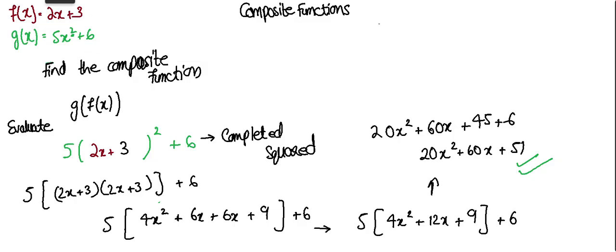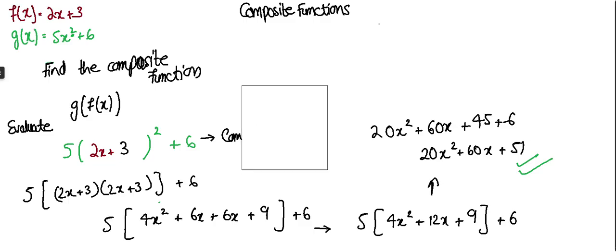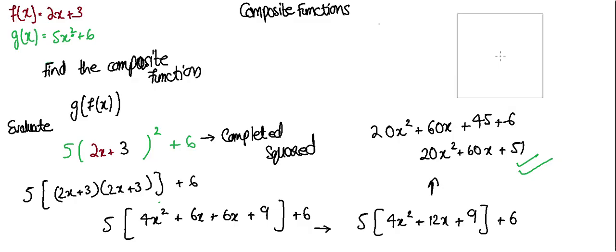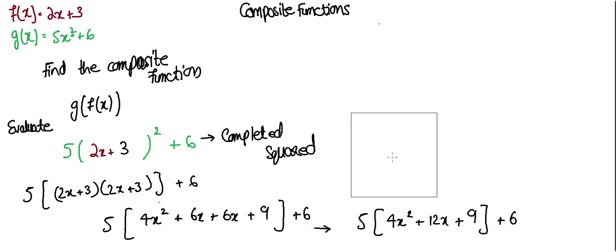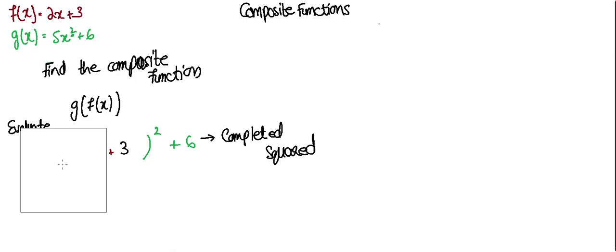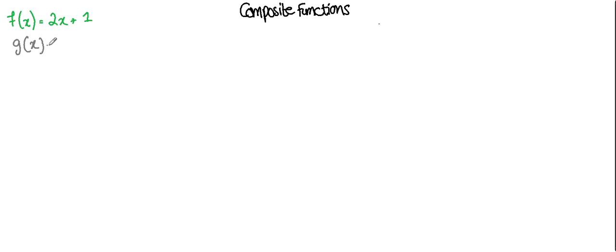Okay, let's solve another question. I'm erasing all of this, okay? Done? That's great. Let's say the question was f of x equals 2x plus 1 and g of x equals 3x plus 5 whole squared.